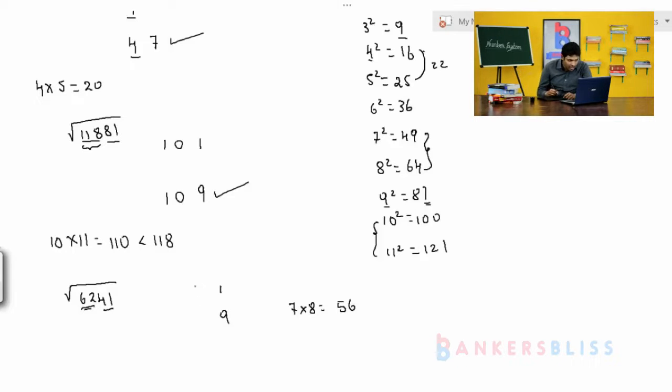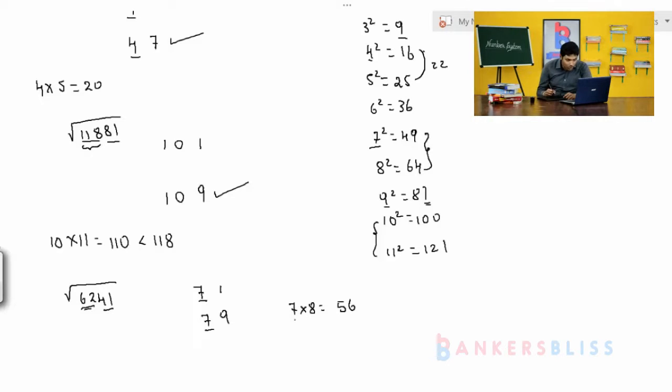So the answer is 71 or 79, because 62 comes between 49 and 64. So the lower value is 7, always we have to consider 7. So the answer should be 71 or 79.